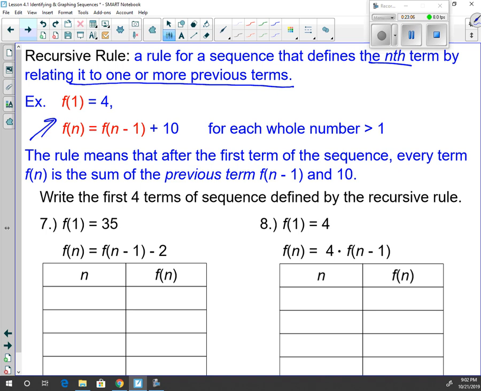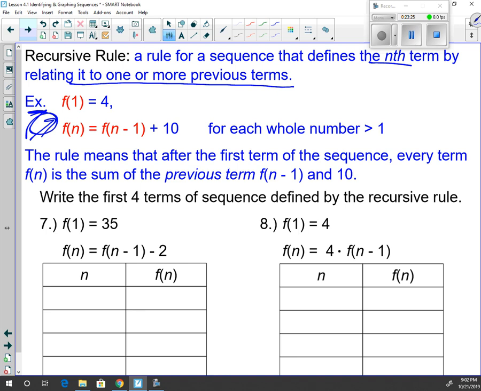So let me break down what this means, okay? Now, notice I have different colors for this example right here, all right? When you write your own recursive rule later, everything that is in red is just part of the rule.